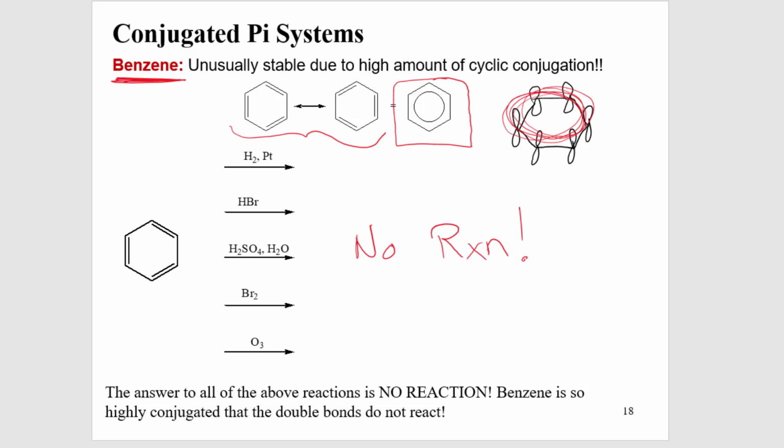It is so stable that none of the typical reactions, osmium tetroxide, hydroboration, oxymercuration, work on the benzene ring. So if I put a benzene ring with any one of those traditional alkene flashcards, the answer is just no reaction.